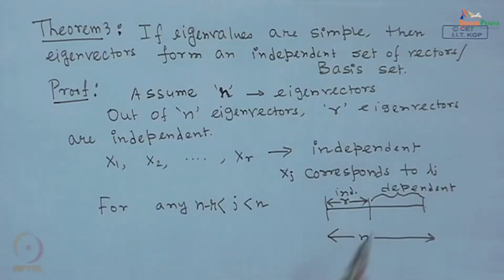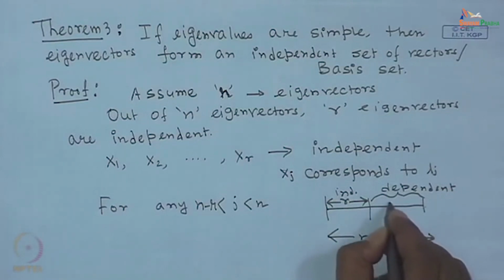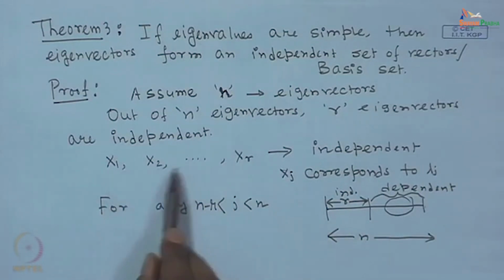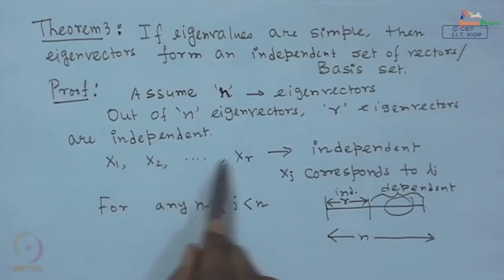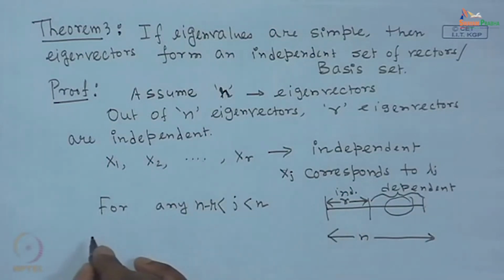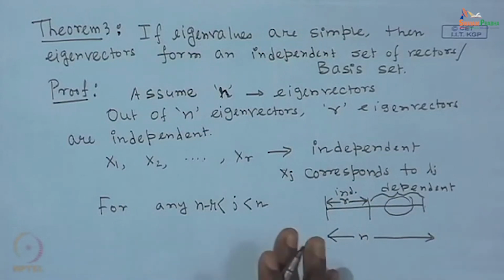Therefore, any eigenvector present in this set can be expressed as a linear combination of all the independent eigenvectors x 1, x 2, x 3 up to x r. We have already proved earlier that if there are n independent vectors present in a space, any other vector can be represented as a linear combination of these n independent vectors.